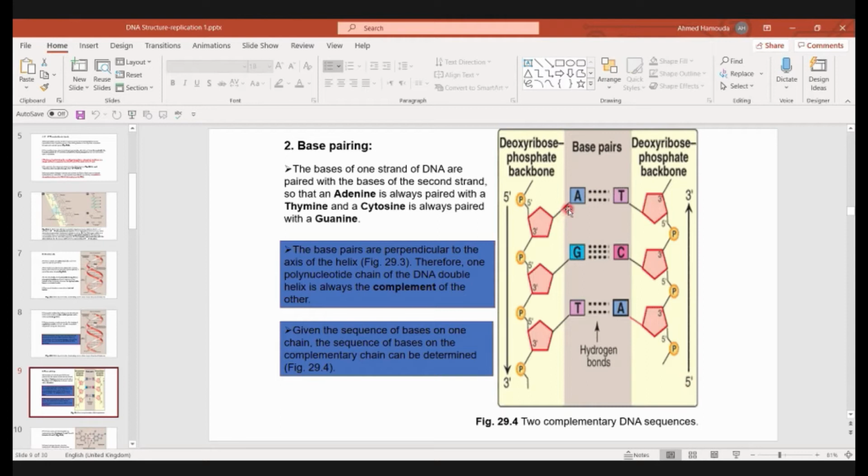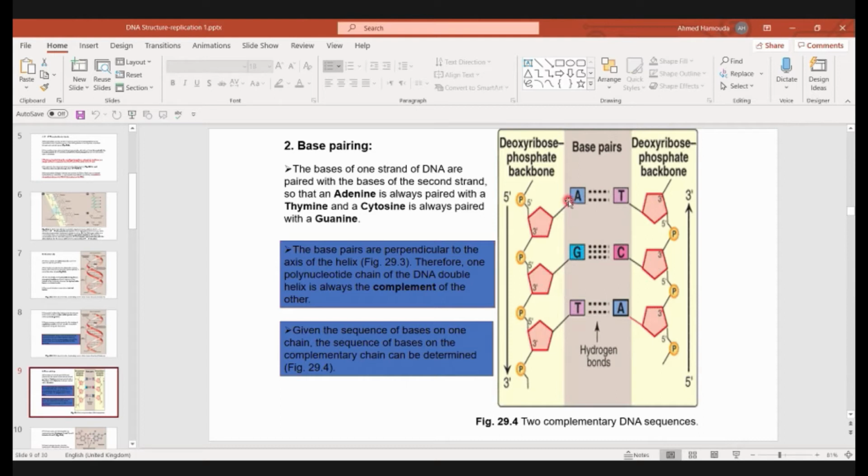So as you can see, adenine always faces thymine, and guanine faces cytosine. And these are attached to each other by hydrogen bonds. As you can see, A and T have 2 hydrogen bonds, and G and C have 3 bonds.